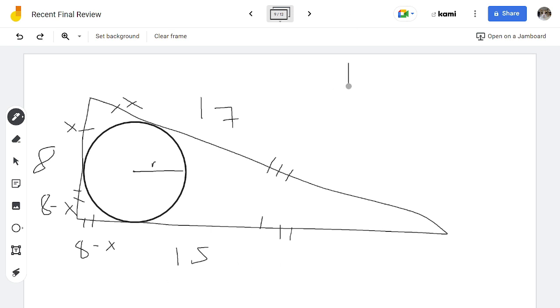Here, let me write it out. That part will be 15 minus (8 minus x). And distributing, it's 15 minus 8 plus x. And this is just 7 plus x.